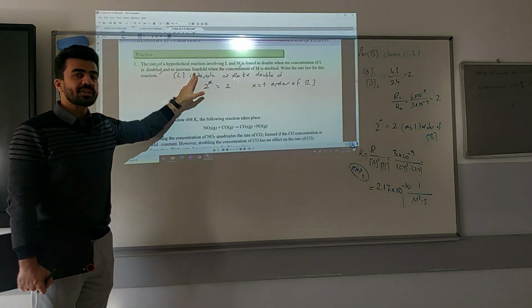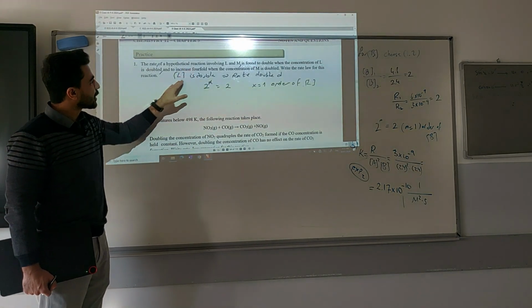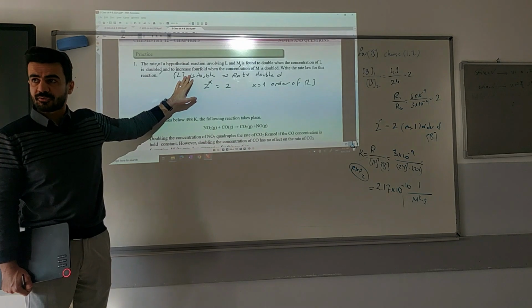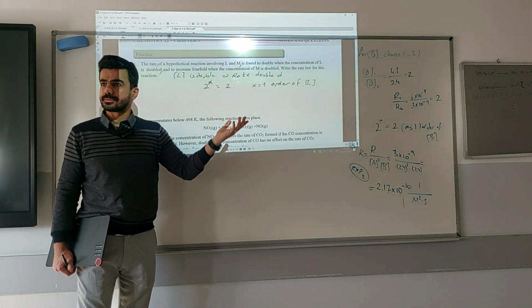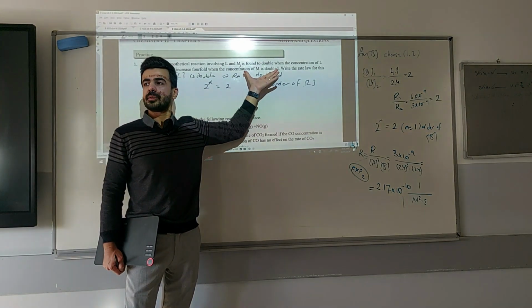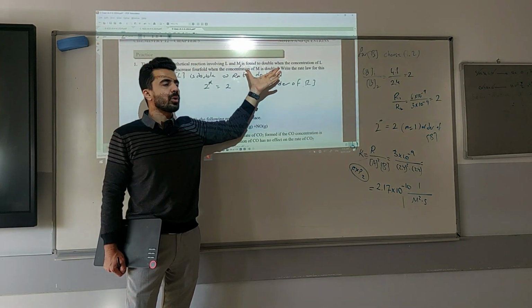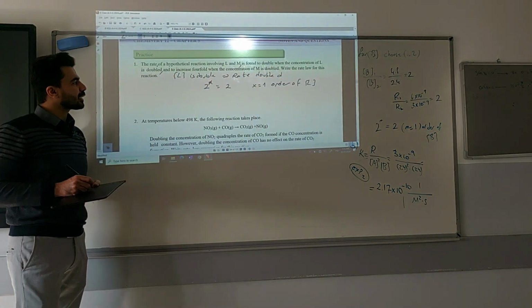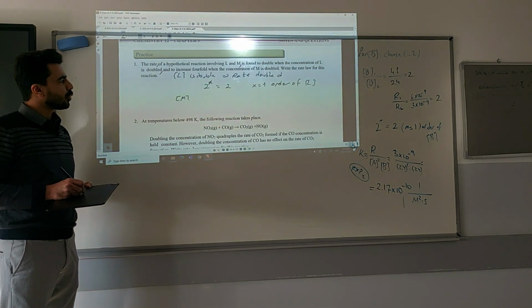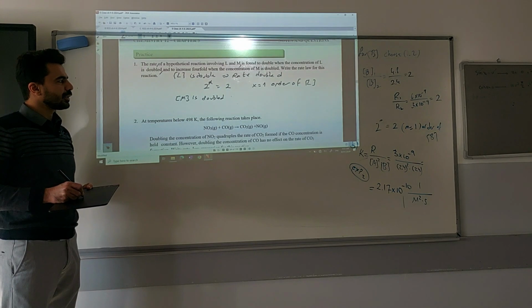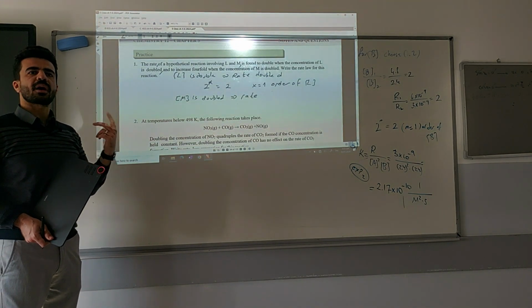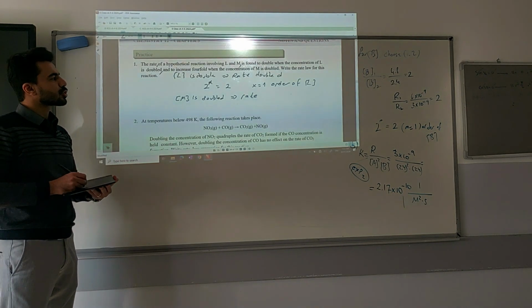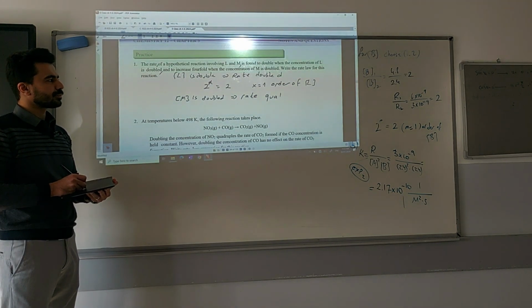So to increase fourfold, it means that the rate has increased fourfold. When? When we increase the m by 2, when m is doubled, rate quadrupled, increased by 4 times, fourfold.